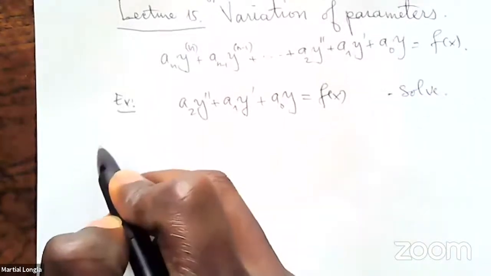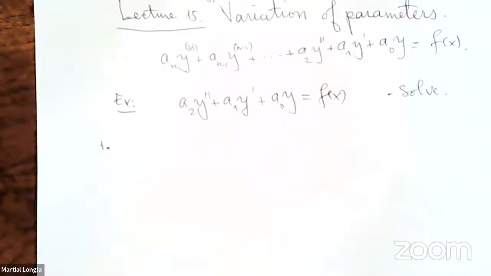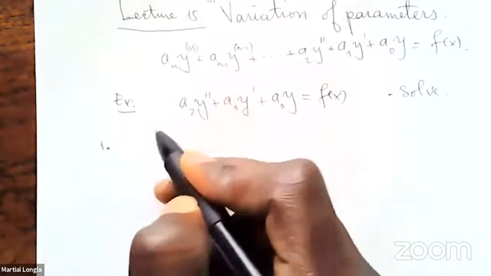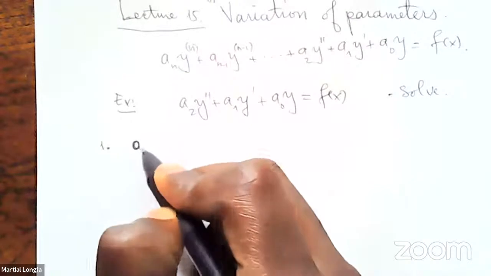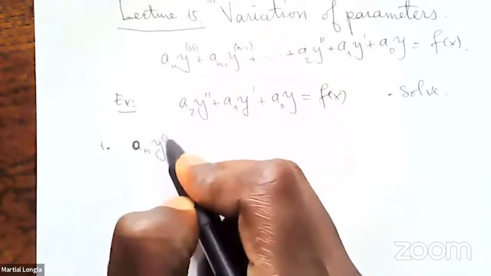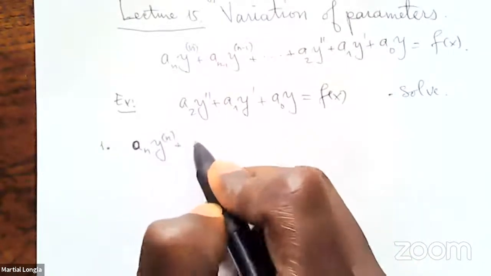In step 1, you want to write down the Euler equation, the homogeneous problem, and then solve it.